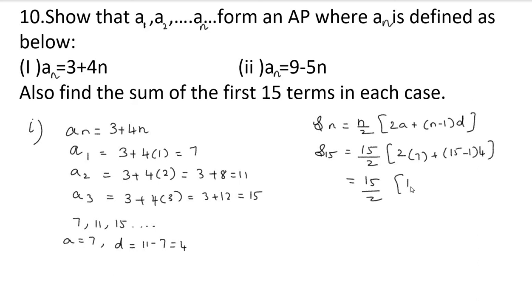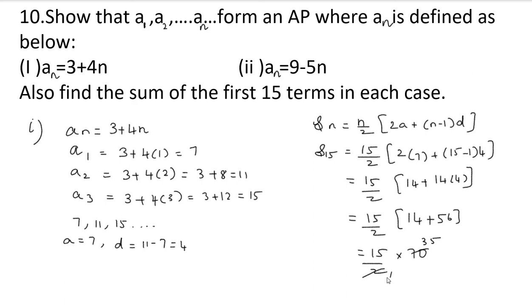So 15 by 2 into 14 plus 14 into 4. So we get 15 by 2 into 14 plus 56, that is 15 by 2 into 70. When I cancel, I'll get 35, since 2 times 35 is 70.